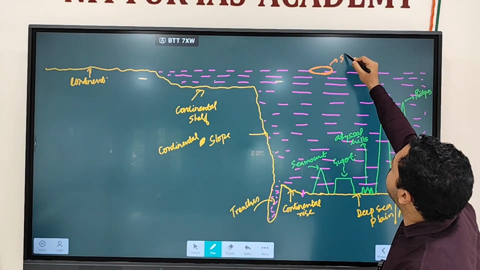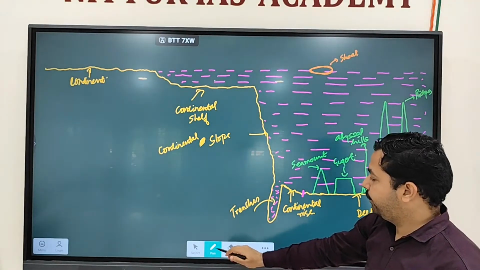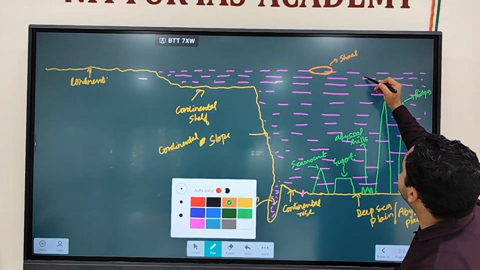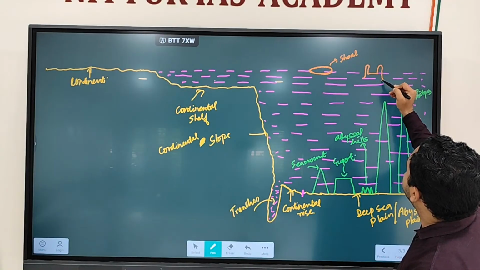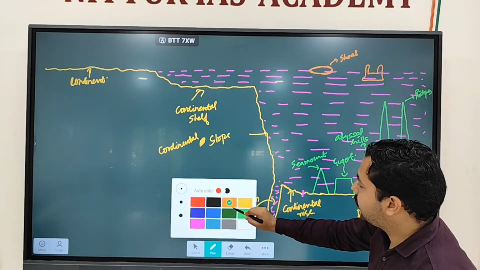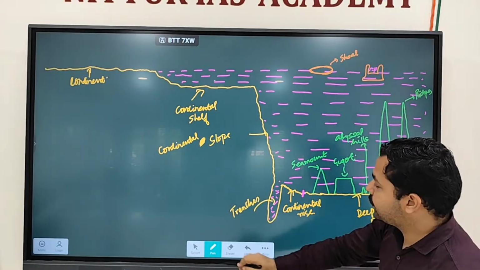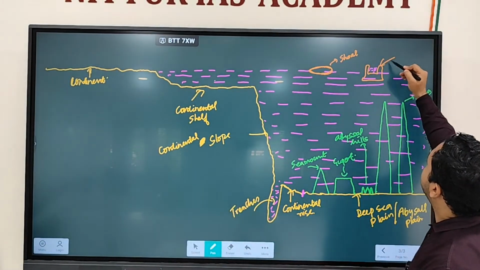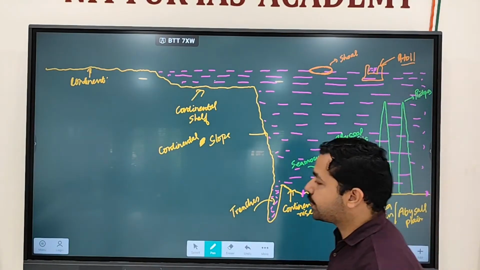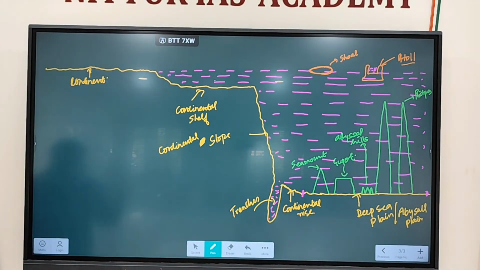This is referred to as a shoal. Then you also have another feature that you're going to find like this. Again, this is where water is there. This is referred to as atoll. Fine. So these are basically the features that you're finding inside the oceans: continental shelf, continental slope, continental rise, trenches. Then you'll find seamount, guyot, abyssal hills, ridges, atoll, shoal.